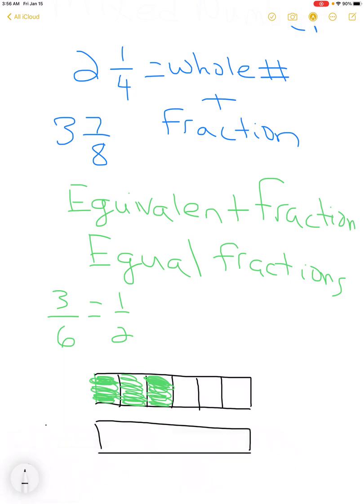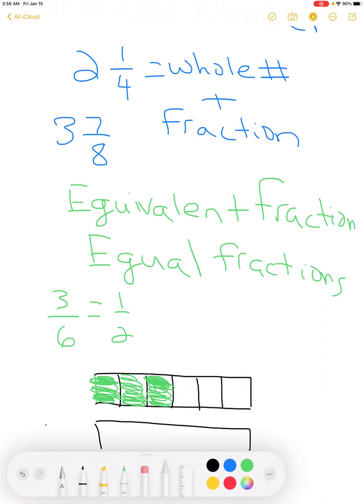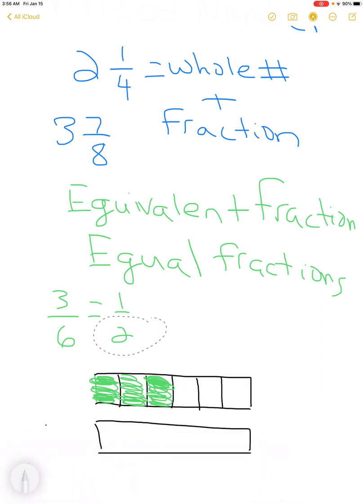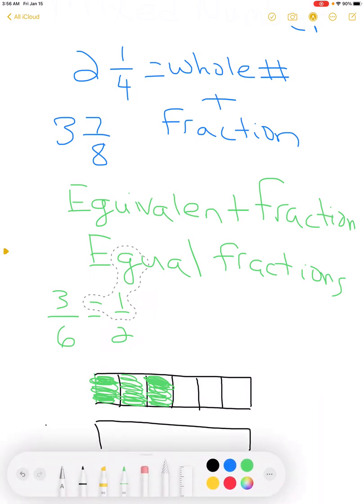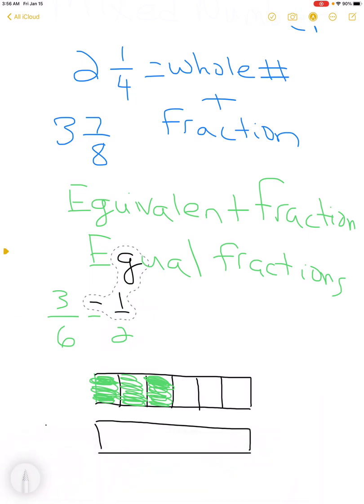Now let's represent 1/2 on the other fraction model. 1/2 means that the whole shape is divided into 2 pieces. 2 pieces make up the whole, and we should shade in one of those pieces, represented by the numerator. If 2 parts make up the whole, we only have to separate our fraction model in half.